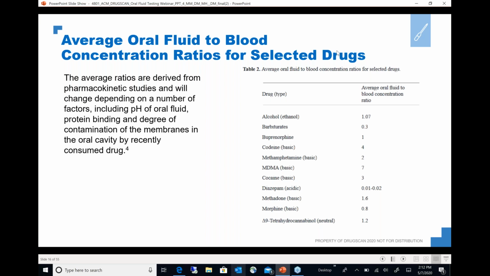As you see, barbiturates have a low oral fluid to plasma ratio, which means that the level detected in oral fluid will be less than we find circulating in the blood. Buprenorphine, one. Codeine, which is basic. We said basic drugs transfer into oral fluid with a greater degree, has a ratio of 4:1. And as we go down.